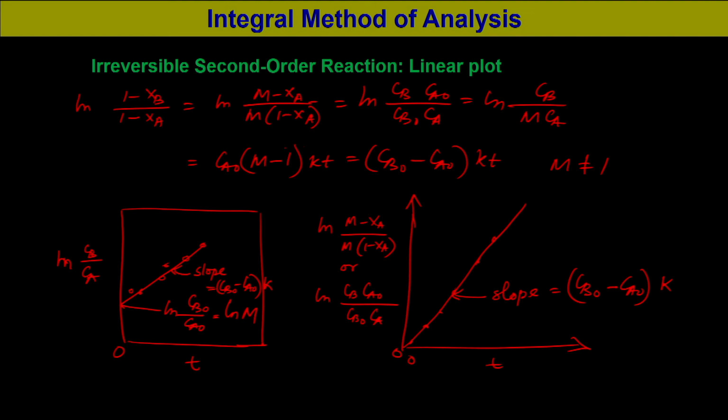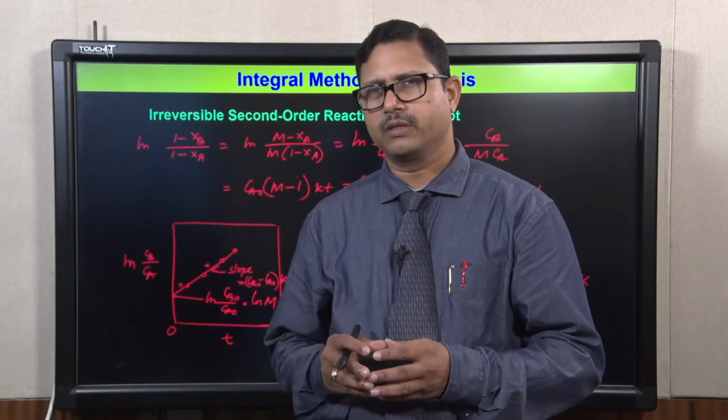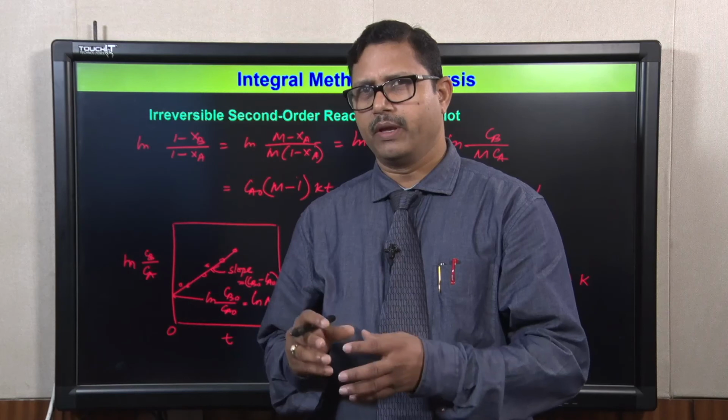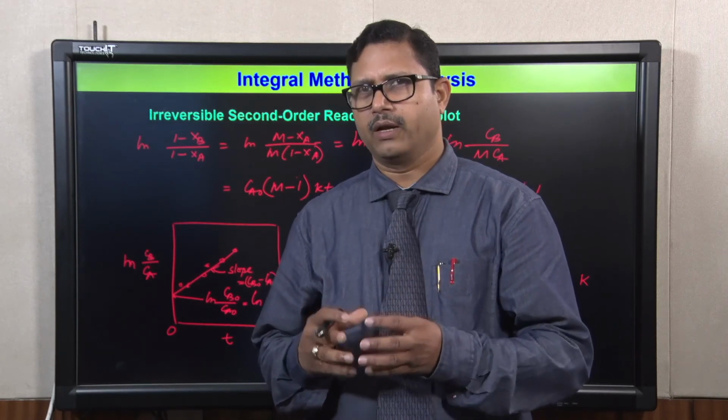So, this way we can interpret the second order rate expression by the integral method. If the concentration of component B is such that the change of concentration of B due to the reaction of A and B is negligible, that means component B is present in large excess.